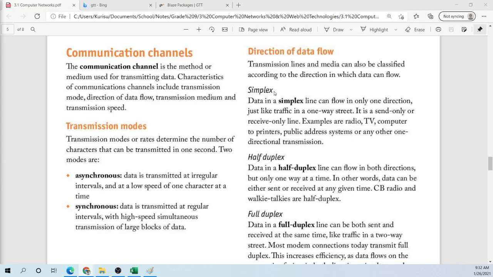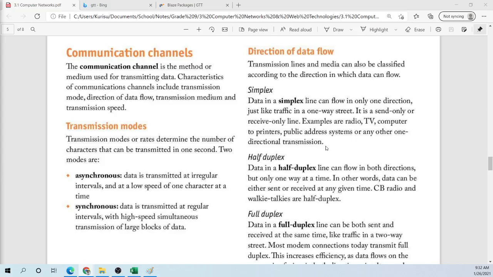You won't make use of a full duplex there, because why does the TV station or the radio station need to receive data? Unless they want persons to tell them that their channels aren't working or something. But other than that, they don't need to receive data. So in those cases, a simplex is more suitable.